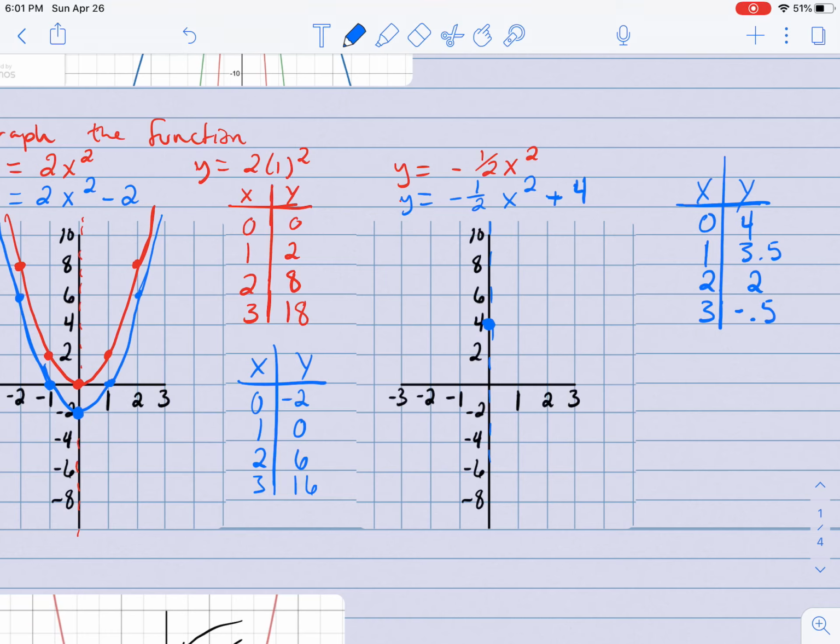So the first one, when x equals 1, it's 3.5, and we can just mirror it over. When x equals 2, and then when x equals 3, we get negative 0.5.